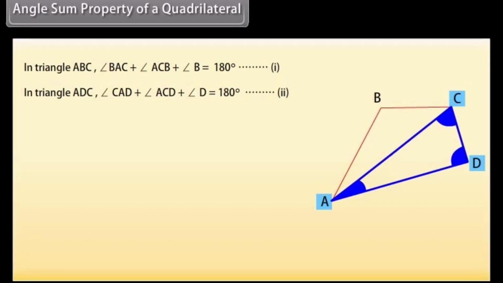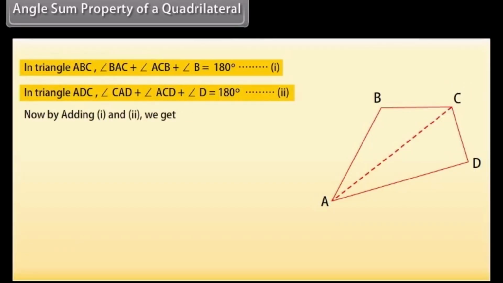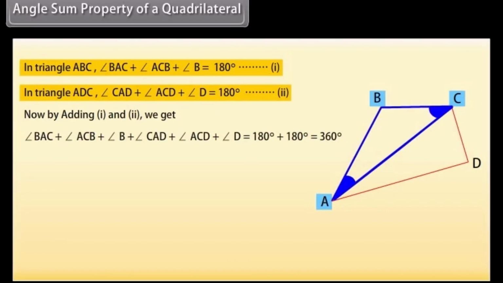Mark it as 2. Now, by adding 1 and 2, we get angle BAC plus angle ACB plus angle B plus angle CAD plus angle ACD plus angle D is equal to 180 degrees plus 180 degrees, which is equal to 360 degrees.